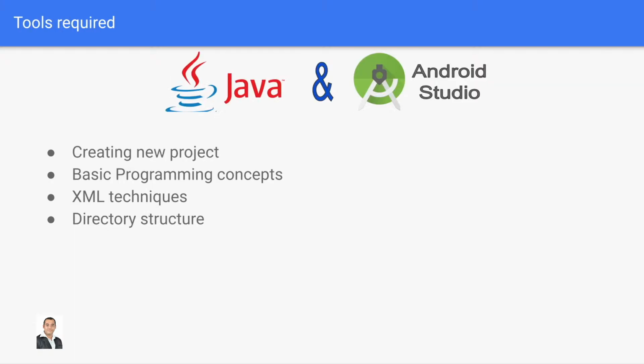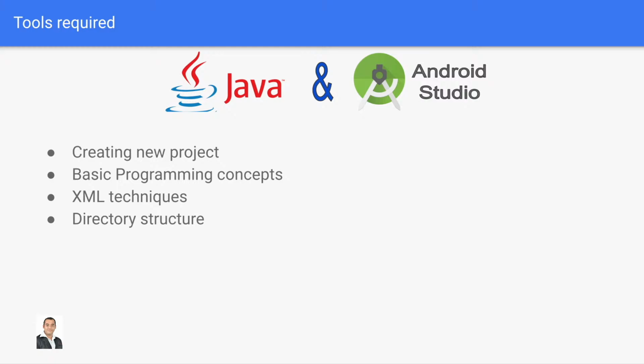Now it's a time we discuss some requirements to develop Android applications. Like every development platform, we have IDE, that stands for Integrated Development Environment, to make apps. Along with IDE, we also need a language to provide instructions for our application. Google officially provides Android Studio as IDE and it supports two languages.